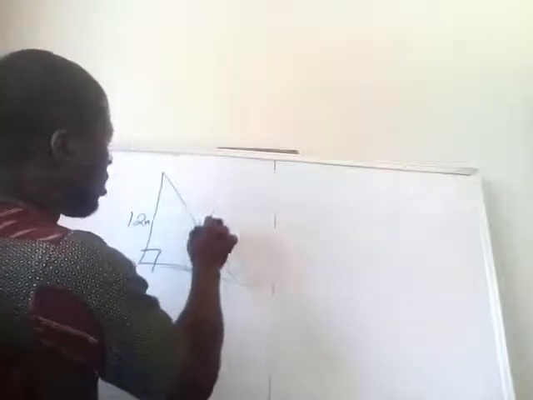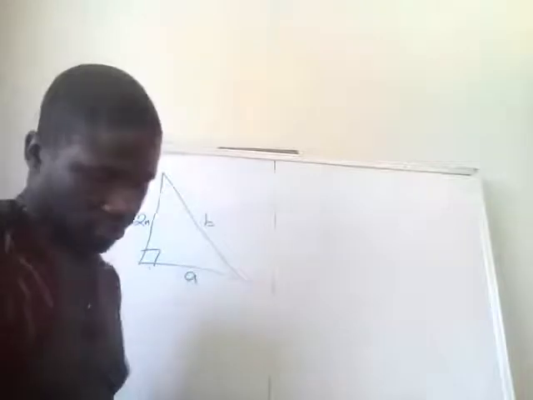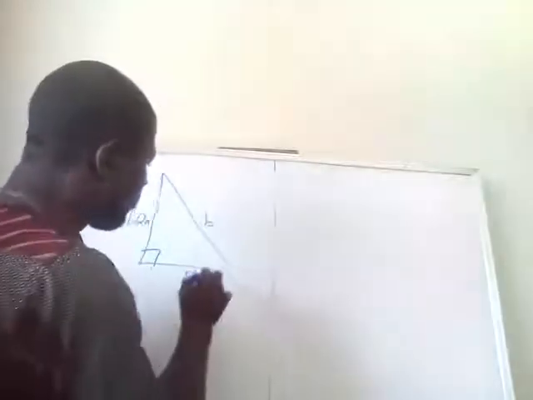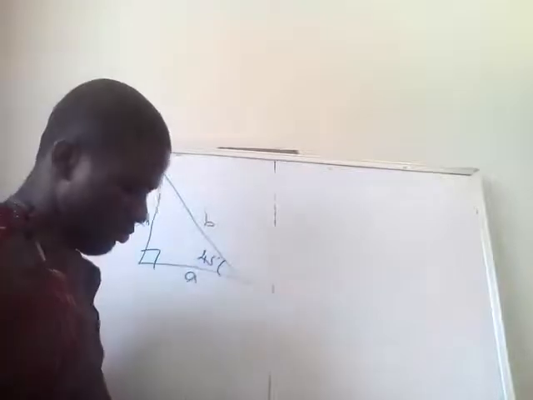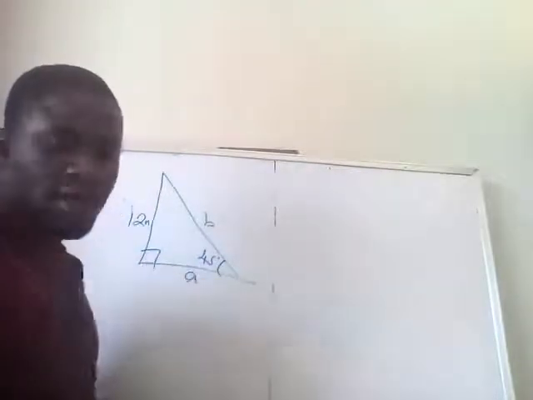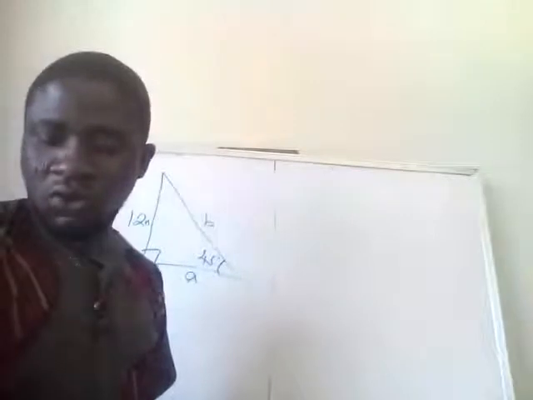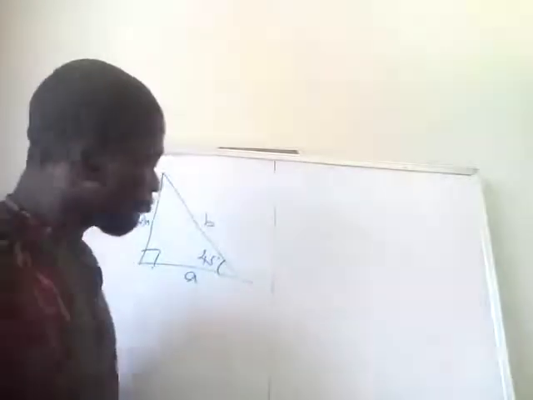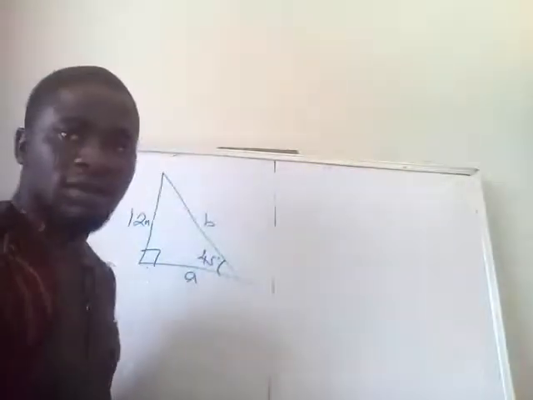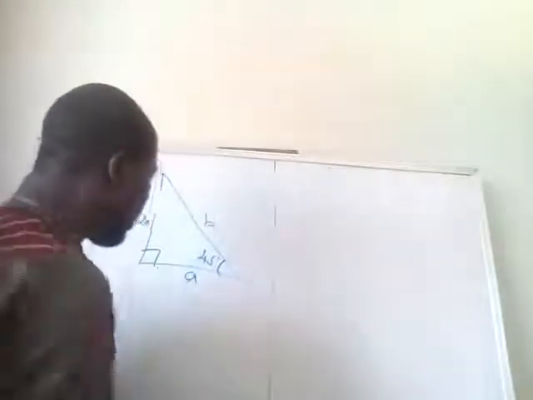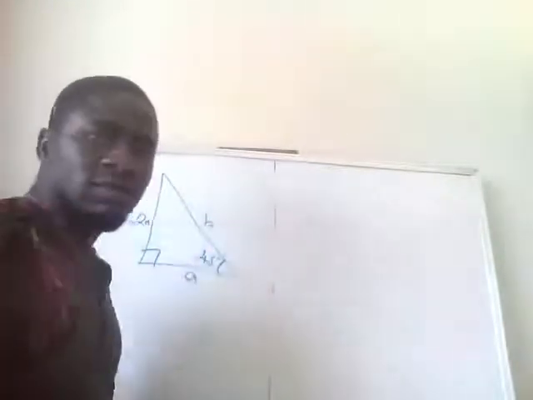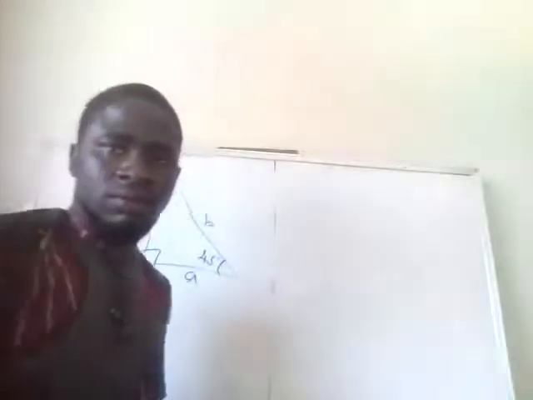You have B here, and you have A. And this is 45 degrees. This is 90 degrees, right angle triangle. So if we have this, using what we were given, for us to find A and B is as simple as anything.